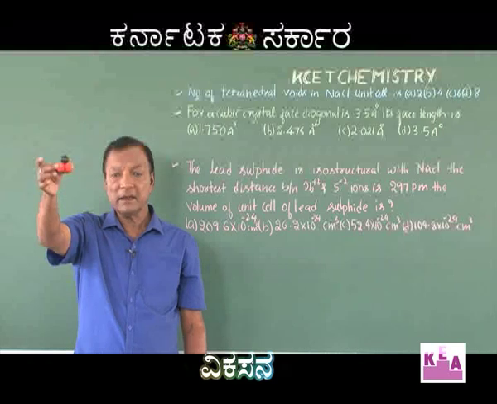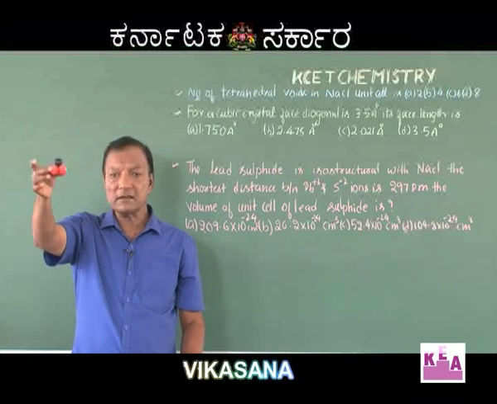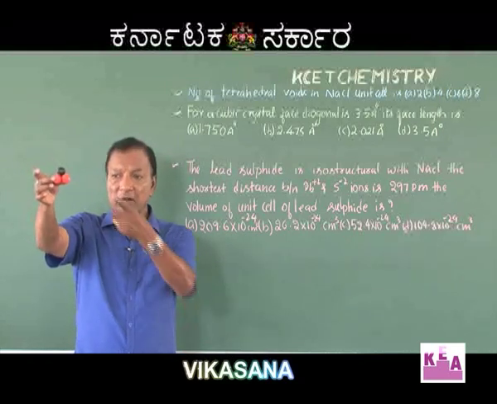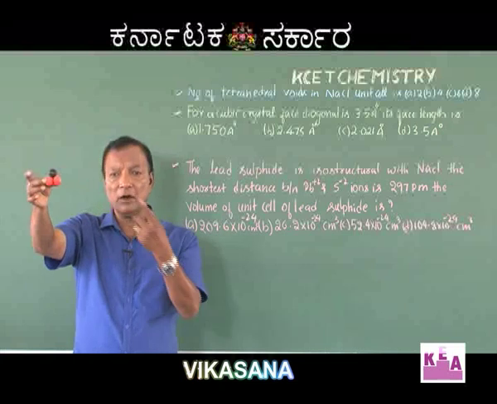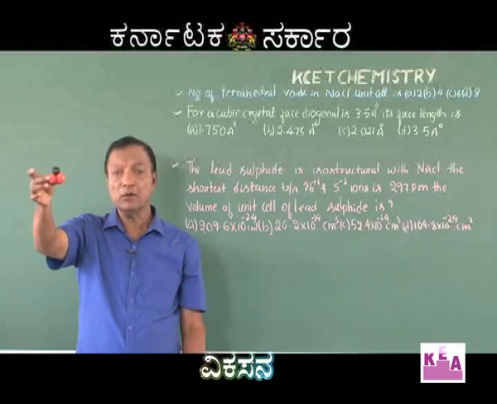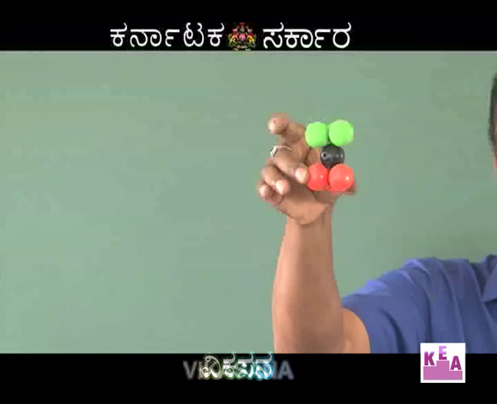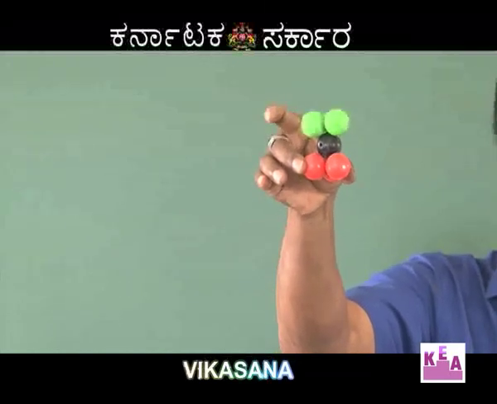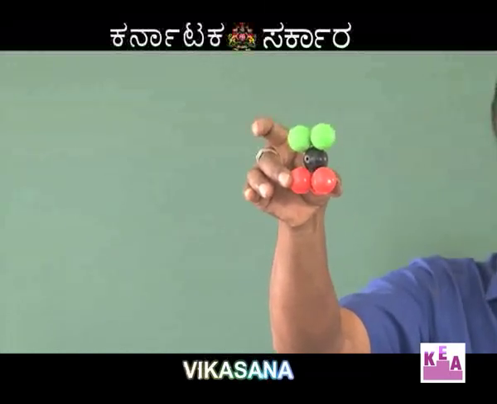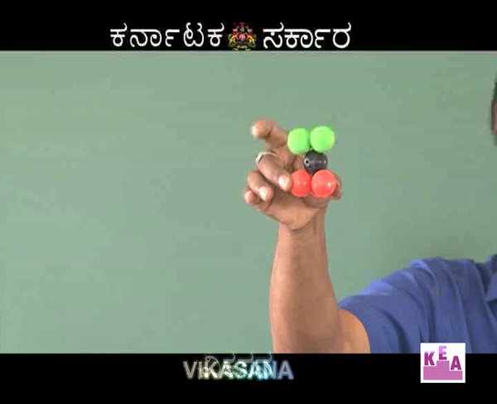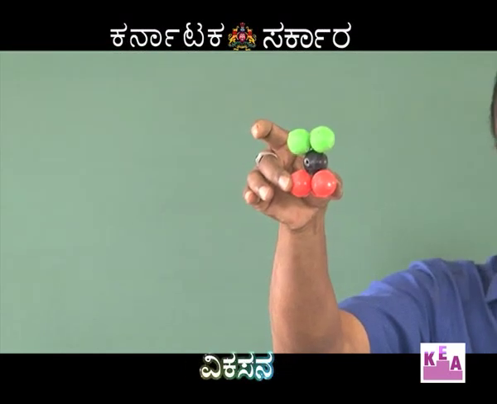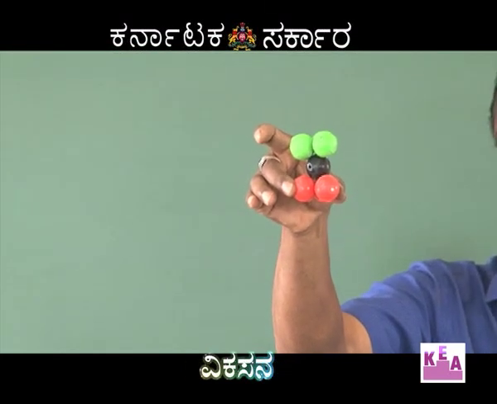Now, the question appears: if this is the first layer and the second layer, orange first and black second, what would be the next layer? The next layer works out in this pattern. You can clearly see the black particle is creating 2 tetrahedral voids.